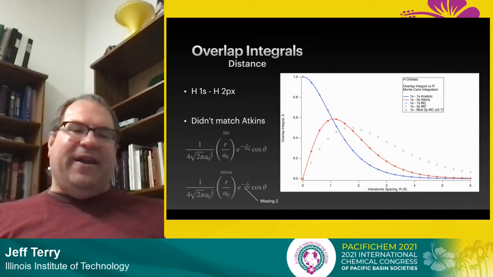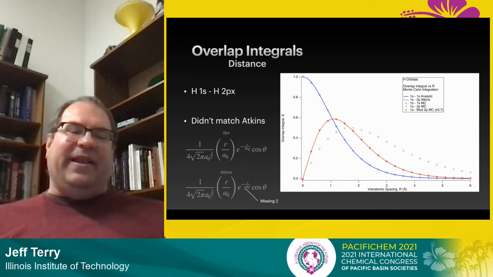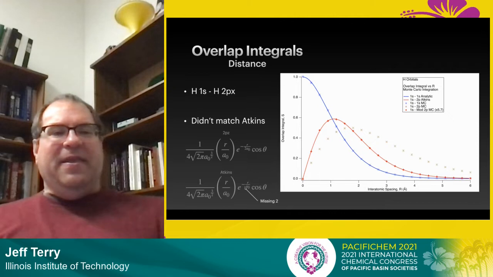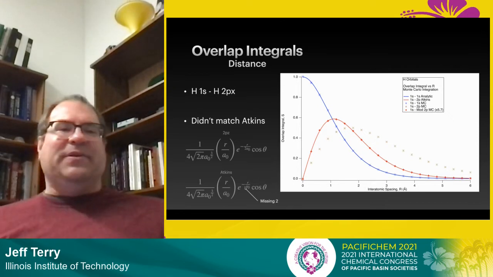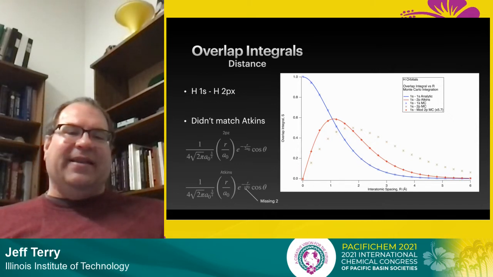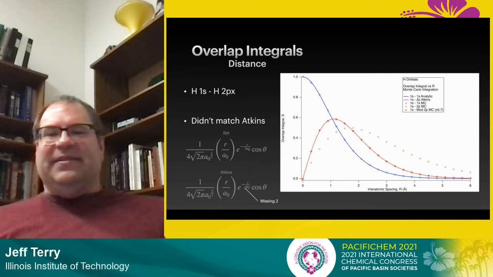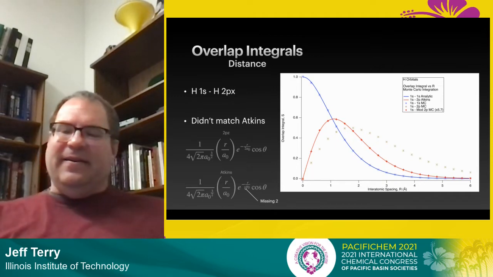And it's this factor of 2 in the exponent that makes it really hard to develop an analytical term for this. And so it turns out that a mistake was made, and this formula that they have listed in at least the older versions of Atkins is not correct. And so our Monte Carlo was able to detect that.